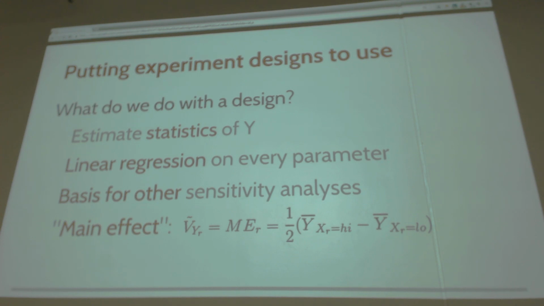Question: in the experimental designs that you discussed, the result of an experiment was never used to determine what other experiments you should do. I'm going to repeat the question. The question was that in the experiment designs we discussed, they were all static. So we chose points up front and then ran the model on them.